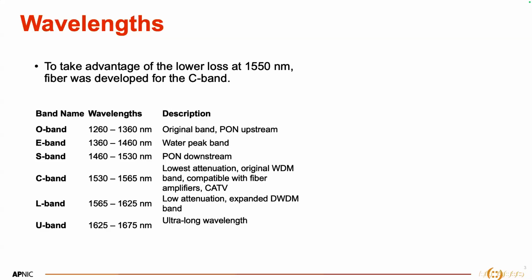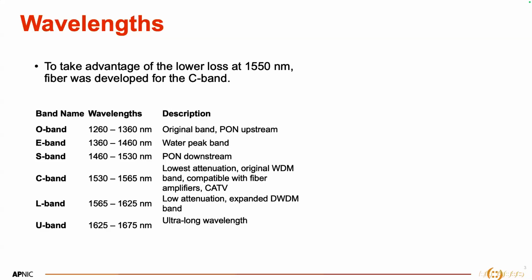When you purchase DWDM products from any vendor, you need to tell them what kind of device you want, and what kind of wavelengths those devices are supposed to use. There are odd bands of wavelengths, there are even bands of wavelengths, and there is the total range of wavelengths. You need to mention which segment you want, and these segments are universal for all the vendors.